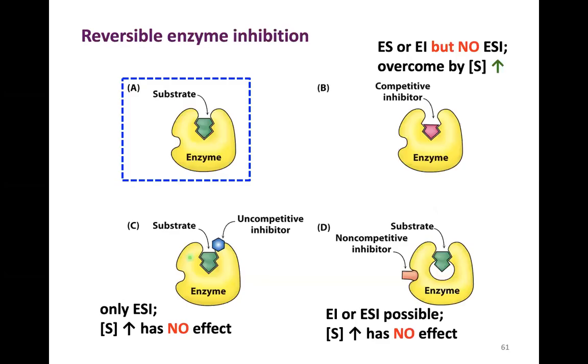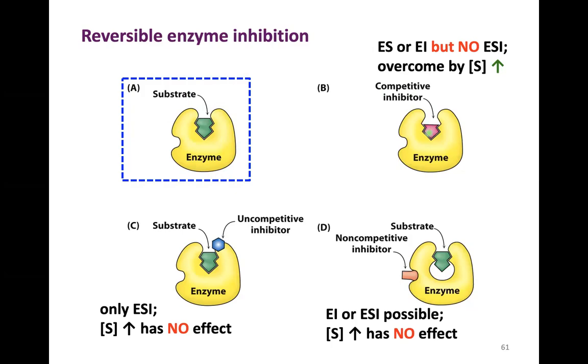So for our discussion of reversible enzyme inhibition, we'll be exploiting this simple cartoon. We have our substrate binding to the active site of the enzyme that surrounds it. That is, in the absence of inhibition, the normal mechanism of this enzyme. Well, we will in turn talk about competitive inhibitors.